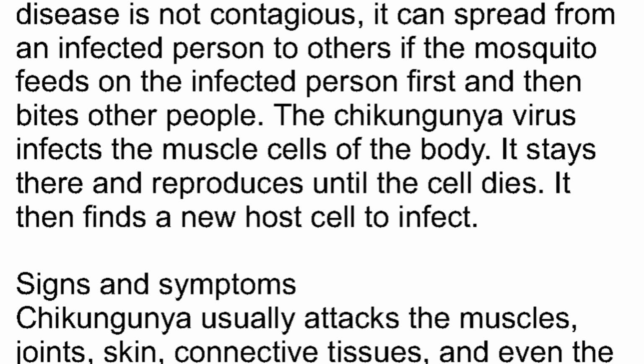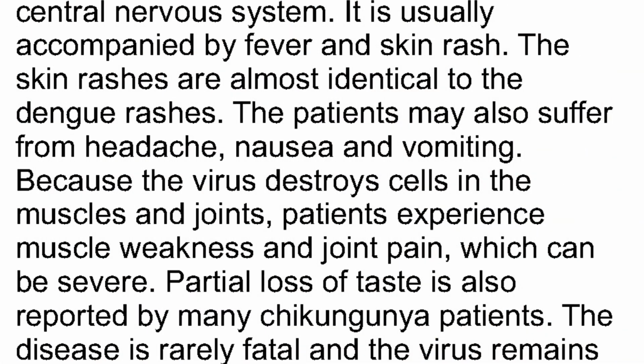Signs and symptoms. Chikungunya usually attacks the muscles, joints, skin, connective tissues, and even the central nervous system. It is usually accompanied by fever and skin rash. The skin rashes are almost identical to the dengue rashes. The patients may also suffer from headache, nausea, and vomiting.